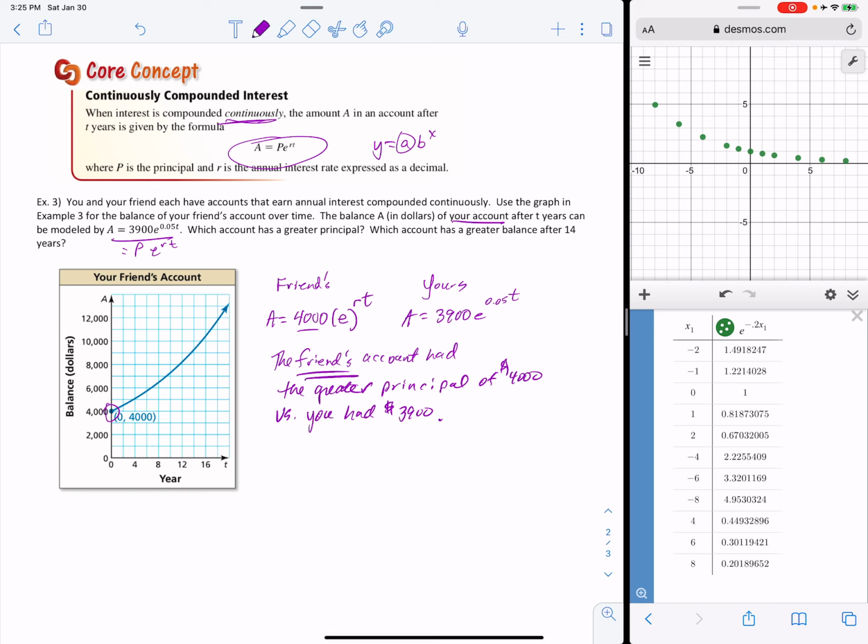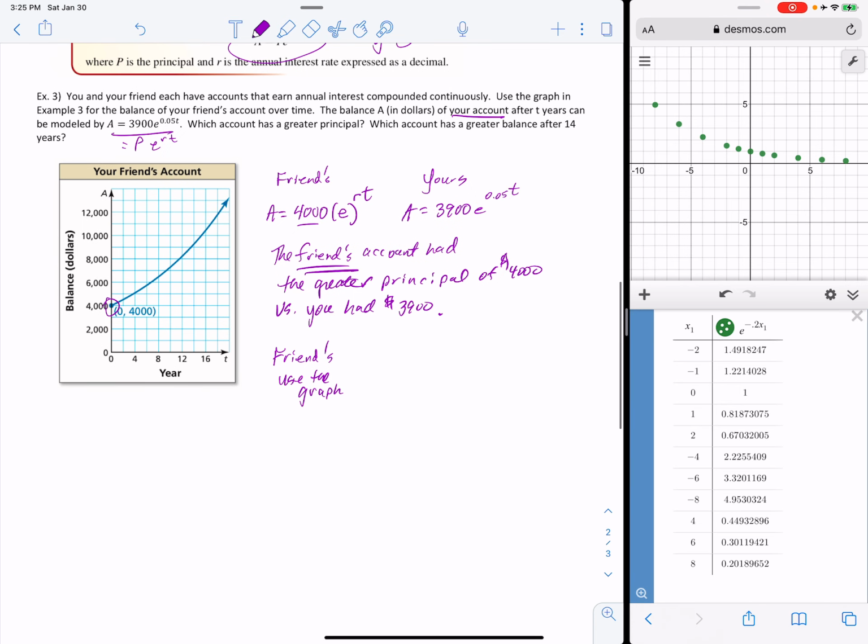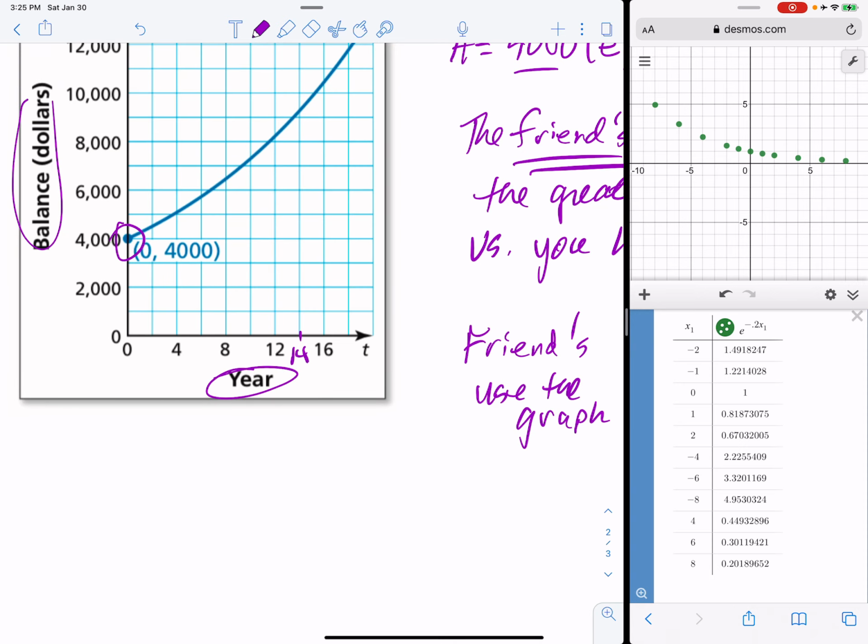All right, and then it says, which account has a greater balance after 14 years? Well, for the friend's, you're going to use the graph because you don't know r. And so that's a matter of understanding that the input is years and the output is your balance. And they want to know after 14 years. So you need to go, okay, here's 14 years, and you read up, find that point, and you read this way, and you have to figure out what is that value approximately.